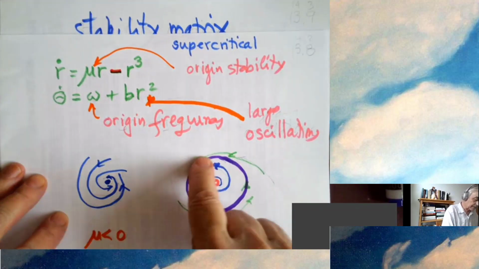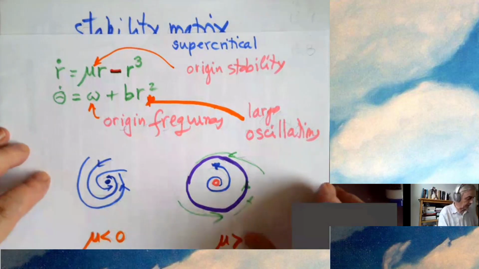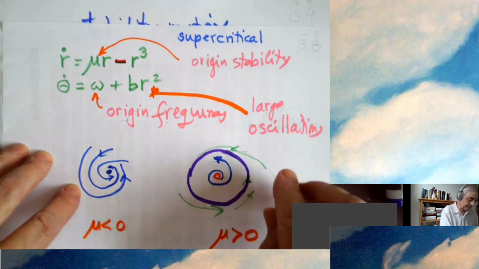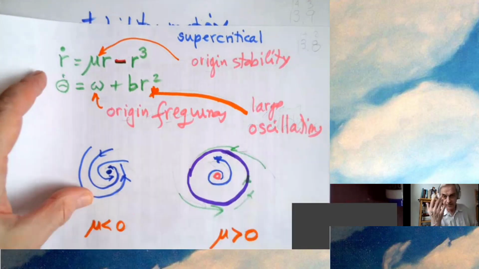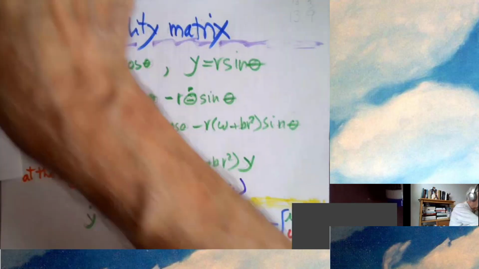And what happens when you get to the cycle, we will do later, because in the next lecture, we'll start thinking about stability of periodic orbits, not just equilibrium.